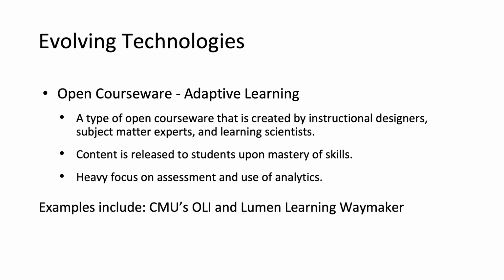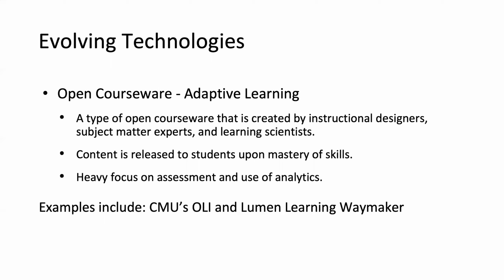All of the major publishers, I think, right now are working on this kind of technology. And then a couple of other things around OpenCourseWare. Why I think adaptive learning is where we're heading in the future is because, one, it's personalized, and we know that this younger generation, Generation Z, is very much into personalized learning.